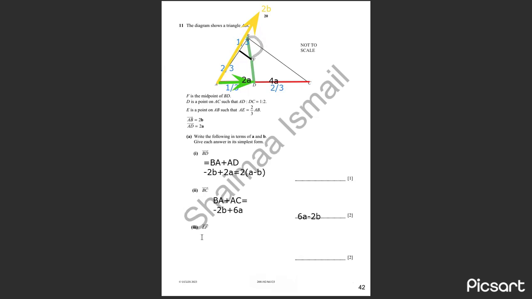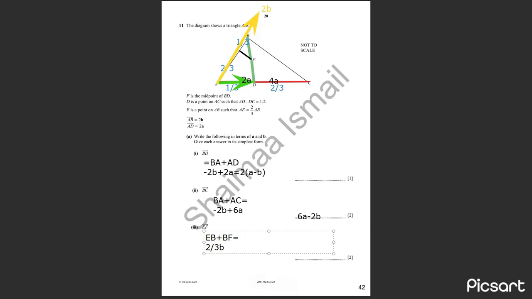Okay, let's do this. So it is EB plus BF. The EB here is a third of the 2b, which is 2 out of 3 b. So it will be equal to 2/3 b.